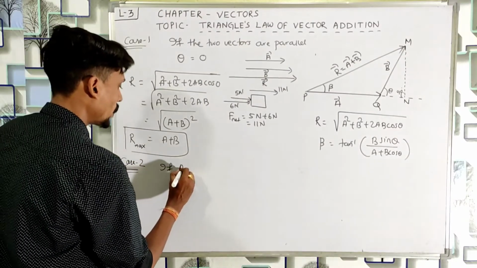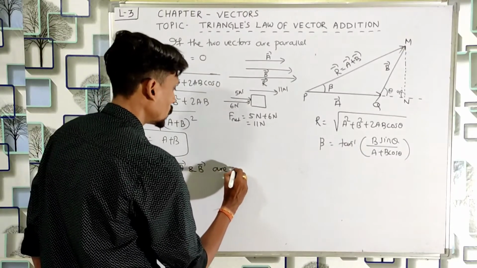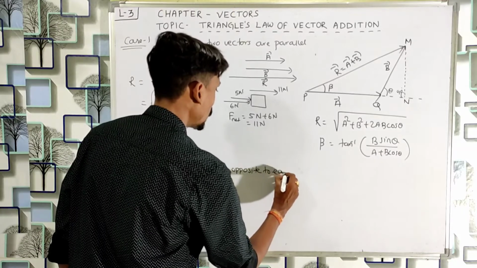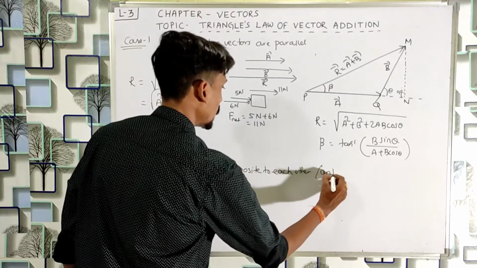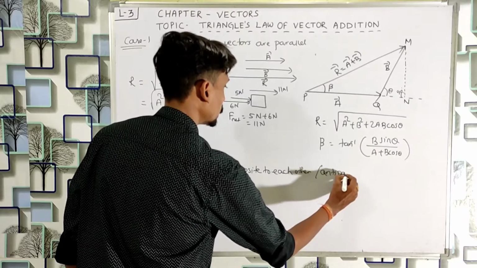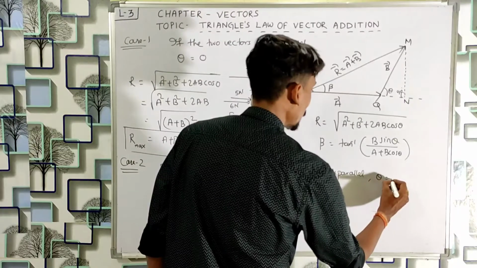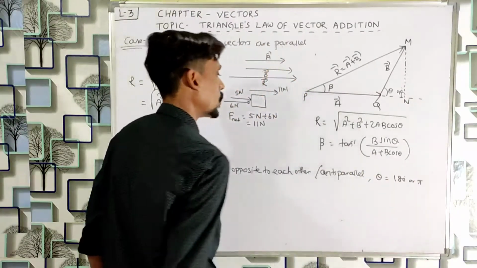Now we will talk about case number 2, the second case. If A vector and B vector are opposite to each other, or they are anti-parallel, then in that case, theta will be 180 degree or pi.